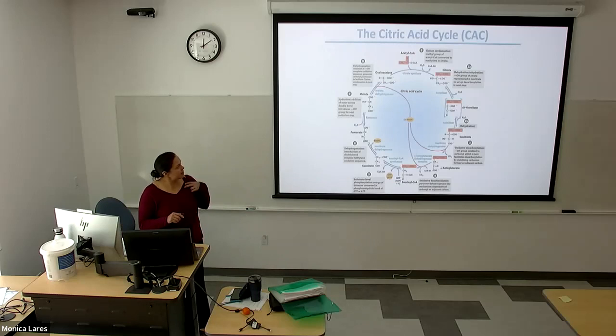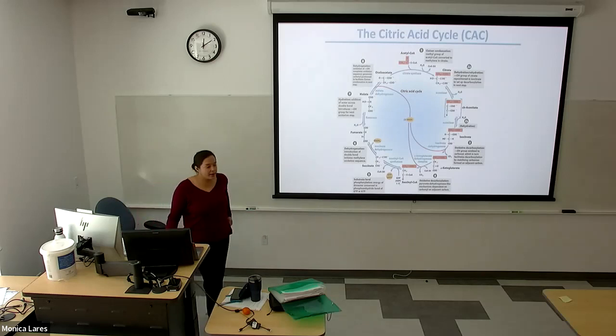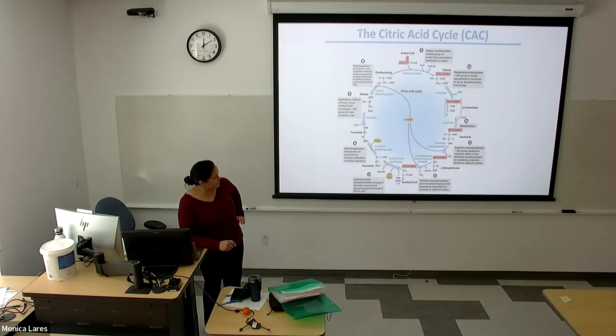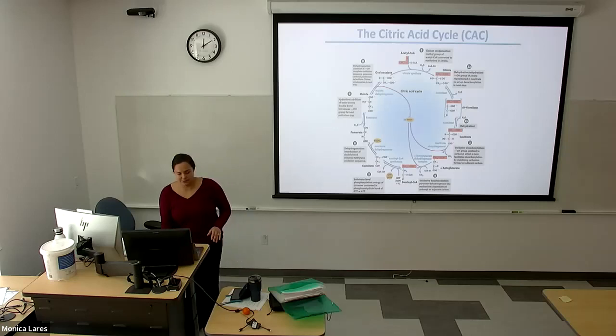Okay, so acetyl-CoA combined with oxaloacetate to form citrate. There. What else? Pyruvate to acetyl-CoA, the pre-reaction. Yeah, and we saw regulation of that one. Okay. Number 3, isocitrate to alpha ketoglutarate. Okay. Any other ones? Number 4, alpha ketoglutarate to succinyl-CoA.